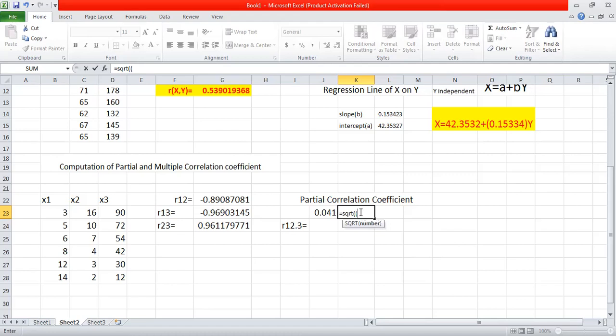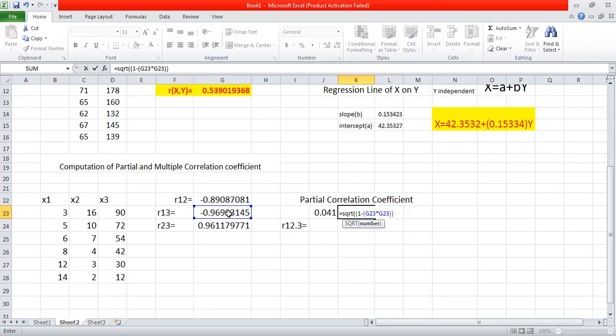Then for the first term, 1 minus R13 square, that is R13 into R13. For the square I'm closing the bracket, and then for 1 minus I'm also closing the bracket.